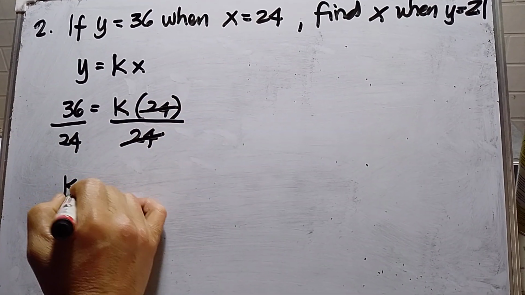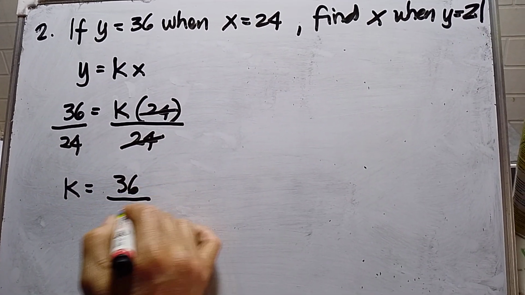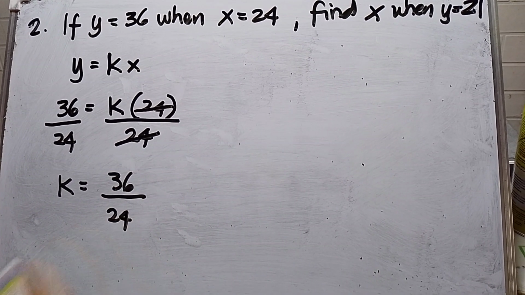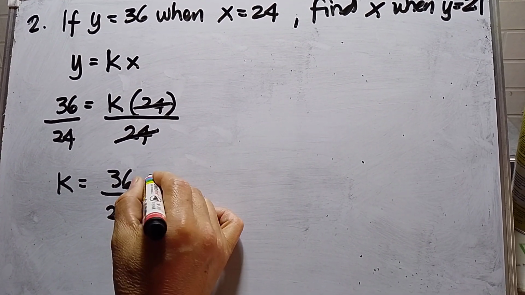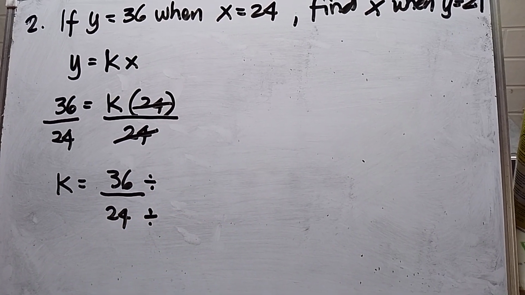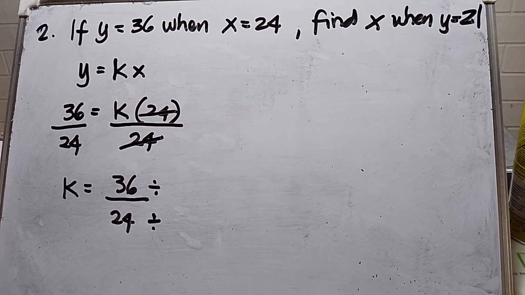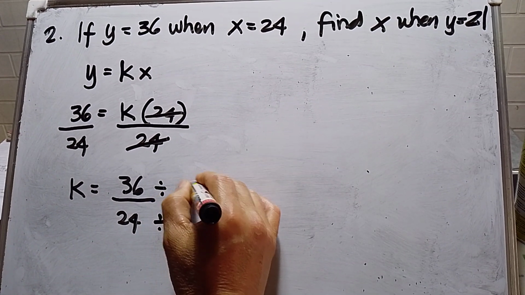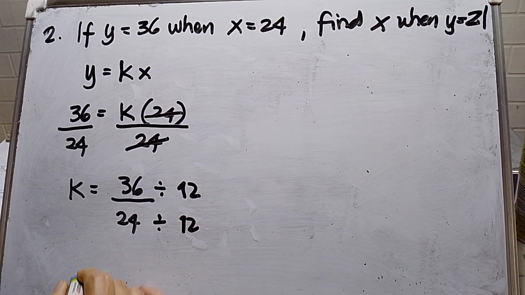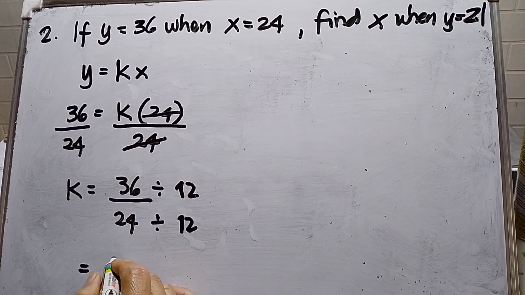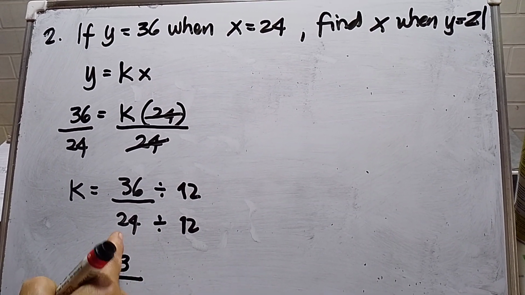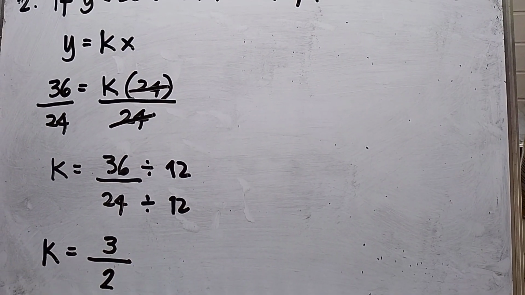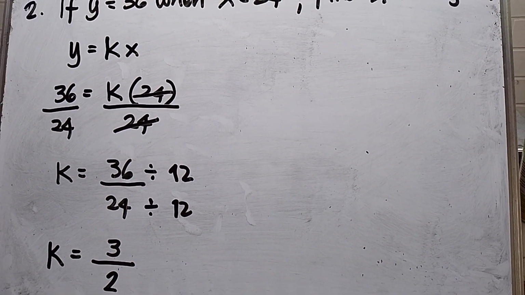So k equals 36 over 24. What number can we divide 36 and 24 by? The GCF, greatest common factor, between 36 and 24 is 12. So 36 divided by 12 is 3, and 24 divided by 12 is 2. So my k, or constant of variation, is equal to 3 over 2.